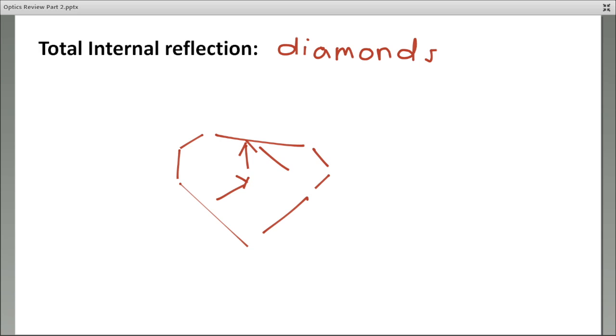The light's just going in and hitting itself and then going, and so it's causing all this sparkliness. And that's basically what's going on with total internal reflection. Nothing's coming out, it's all sparkling in here, and that's causing that diamond to be so sparkly.